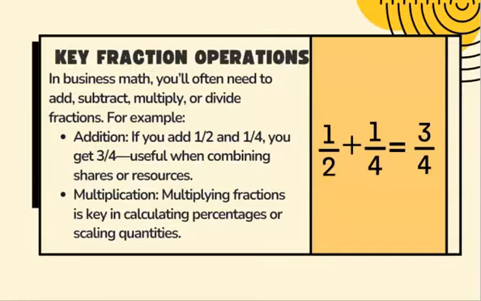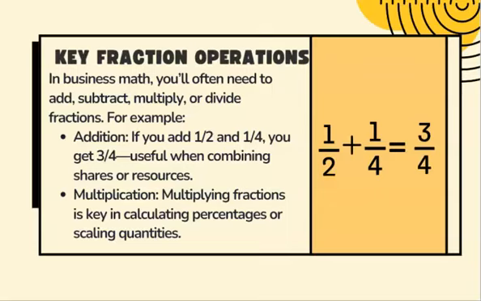Just like with addition, you need a common denominator for subtracting. For instance, 3/4 minus 1/4 equals 2/4, which again simplifies to 1/2. And this might come into play when you're calculating remaining resources or profits.